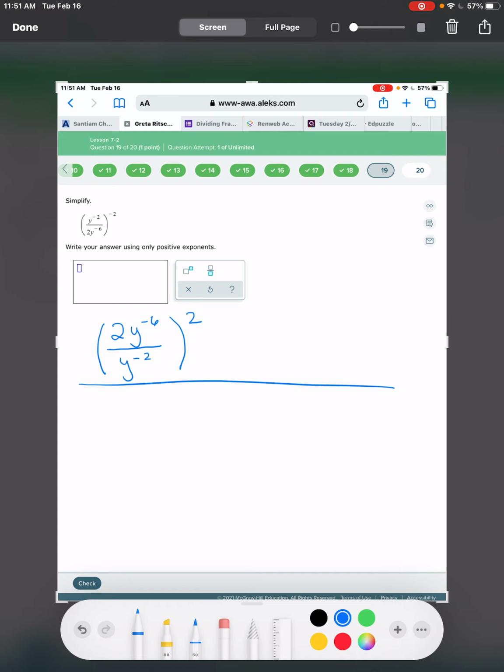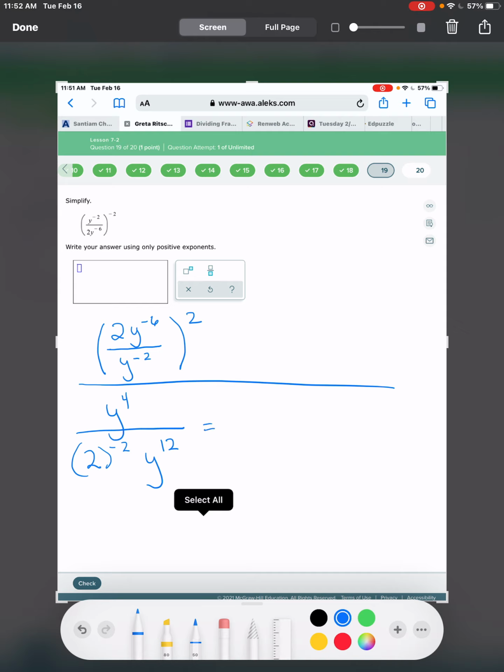So if I multiply negative 2 times negative 2, I get y to the 4th on top, and on the bottom I have 2 to the negative 2. And then y to the negative 6 to the negative 2 is y to the 6 times 2, which is 12. Negative times negative makes positive.